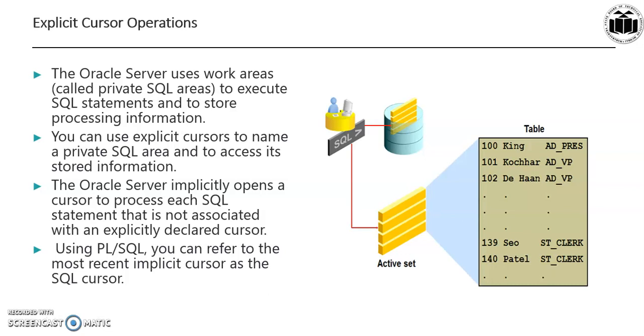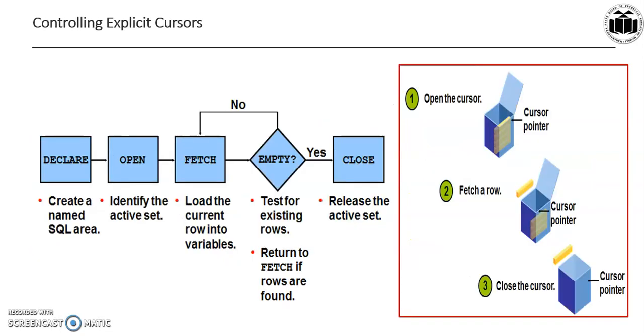These are the properties or attributes of implicit cursors, and we can use the same properties for explicit cursors also to get information. Here we will learn how to control explicit cursors.